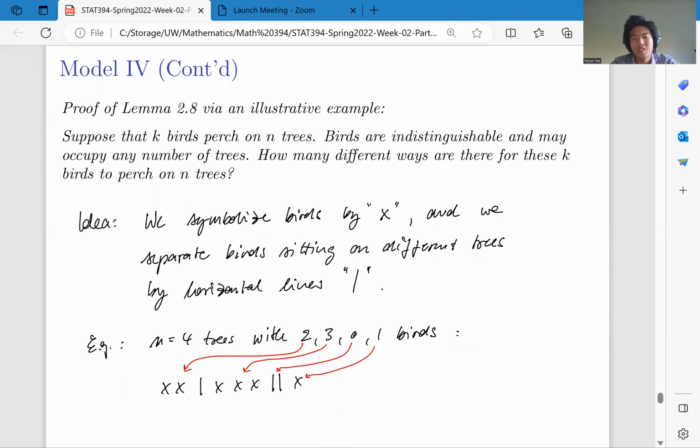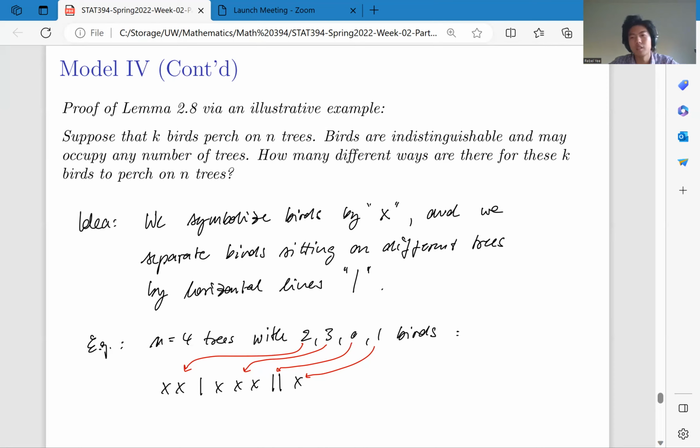So the correct way to think about this question is to treat the birds as a group. The birds group can occupy any number of trees, which means all birds can perch on a single tree, or some birds can fly out to perch on different trees. It's like one bird matching one tree, or 2 birds matching one tree, or 3 birds matching 2 trees.